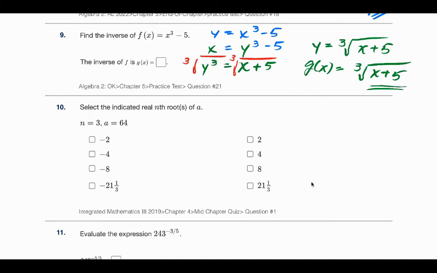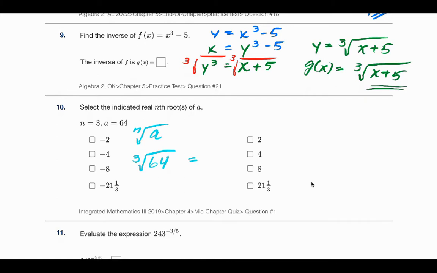Okay, number 10 looks hard, but it's really not because it was one of the first problems we did in this chapter. All that's telling us is that we have the nth root of a. In this case, our n is 3, our a is 64, and you can even just plug it into your calculator.